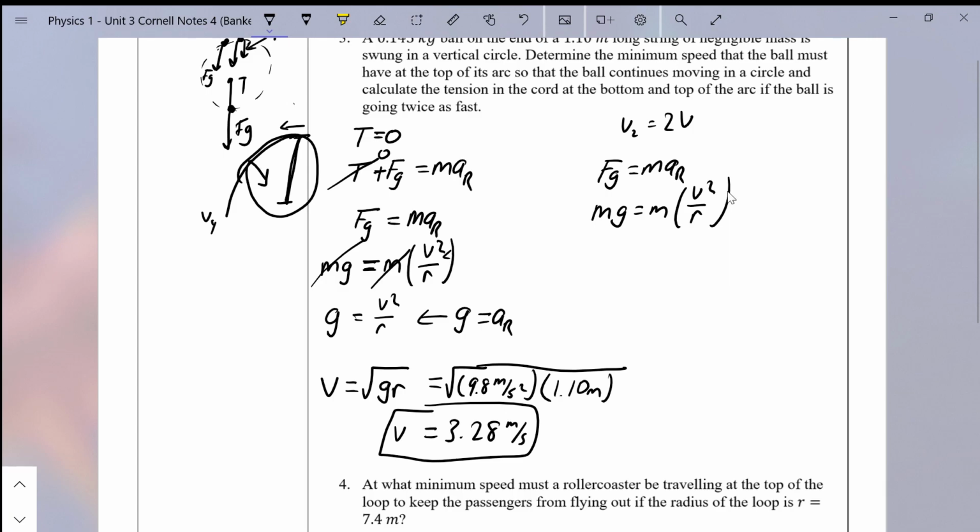If I do this substitution, again, this will be our v2, right? Then if I plug in for v2, that v2 is equal to 2v1, and I also cancel my masses, then I get g is equal to 2 times v squared over r. And that is then 4v squared.